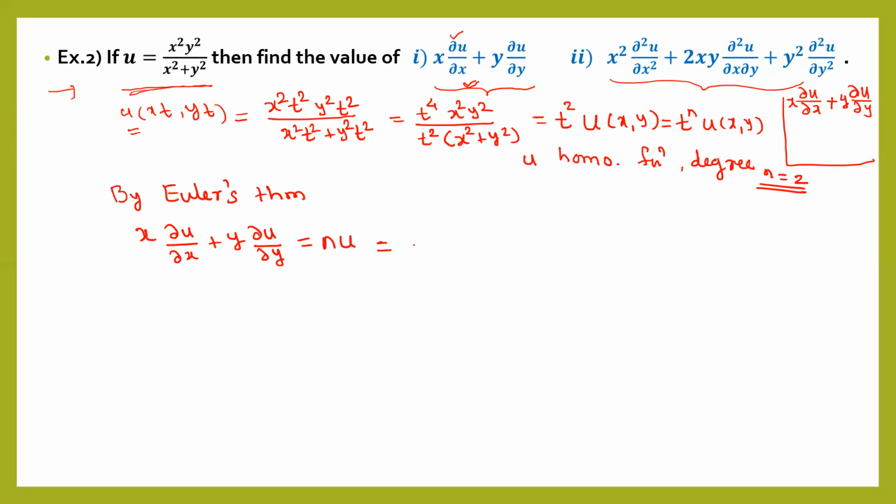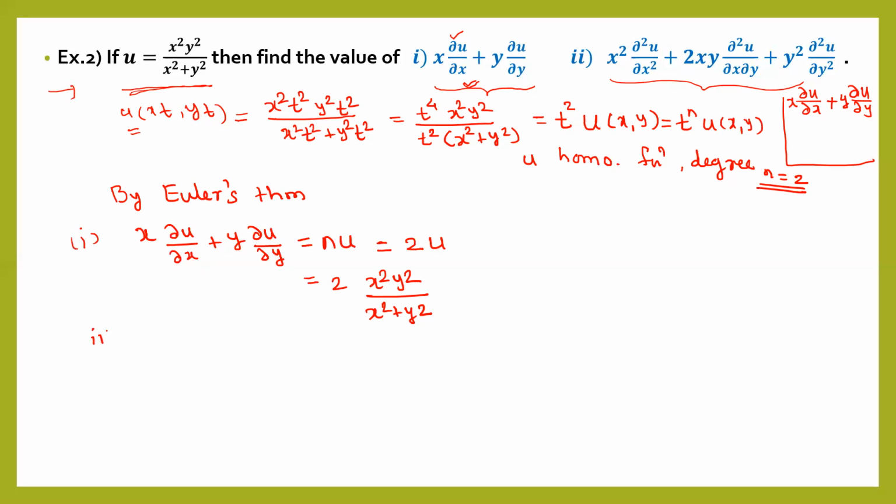And what is n here? N is this time 2, so 2u. Right? The function u is x square y square upon x square plus y square. So the value of this term is 2x square y square upon x square plus y square.